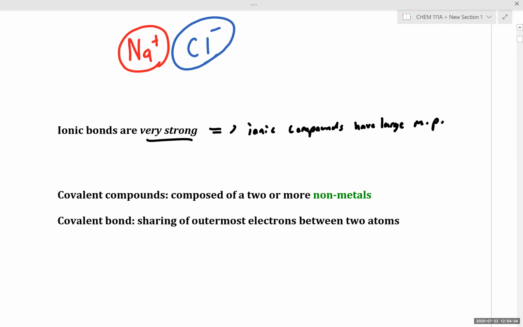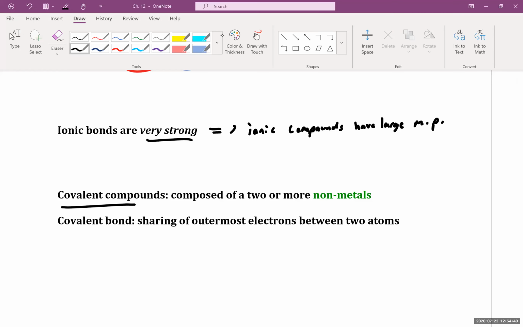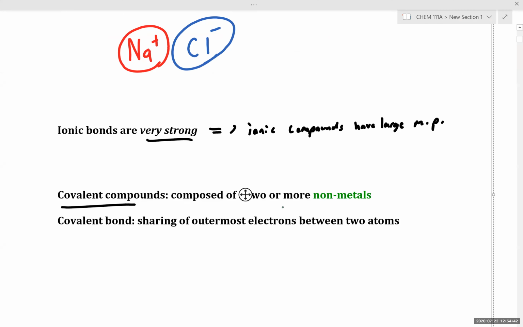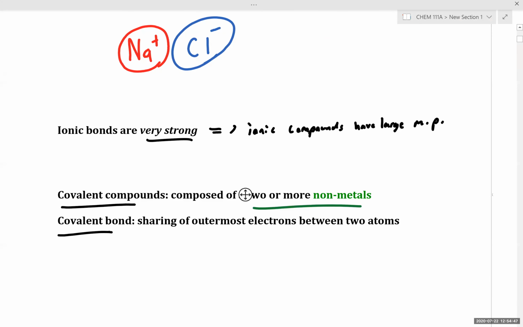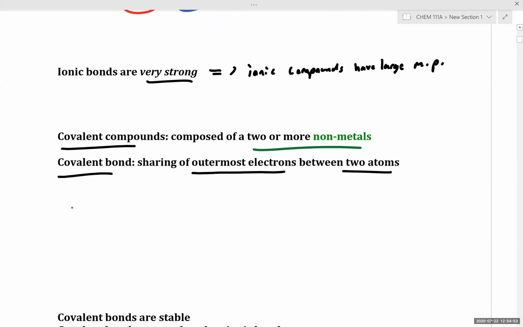Now, in terms of covalent compounds, covalent compounds are typically composed of two or more nonmetals. A covalent bond involves the sharing of outermost electrons between two atoms. For example, in hydrochloric acid, HCl, we have a sharing of our outermost or valence electrons.